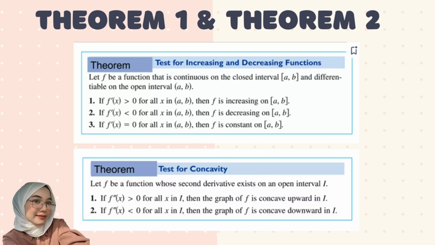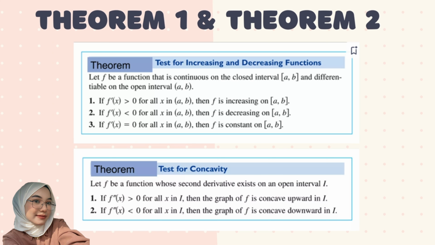Number 2, if f'(x) is less than 0 for all x in (a,b), then f is decreasing on [a,b]. And lastly, if f'(x) is equal to 0 for all x in (a,b), then f is constant on [a,b].